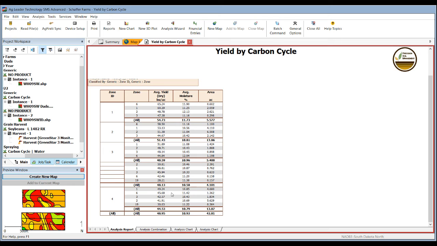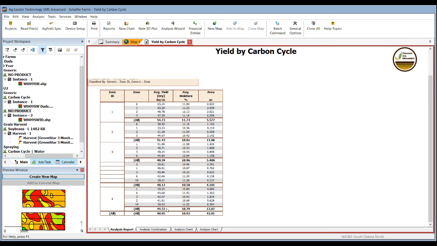Now, if we look at the aggregates, Carbon Cycle on area 1 was 54.73. Area 2 was 51.4, and that's on either side of area 1. Carbon Cycle area 3 was 48.6, and area 4 was 44.5.